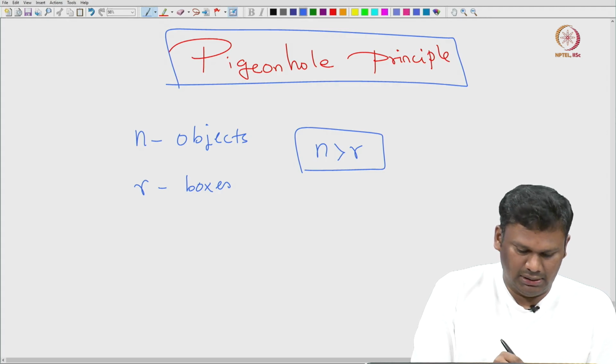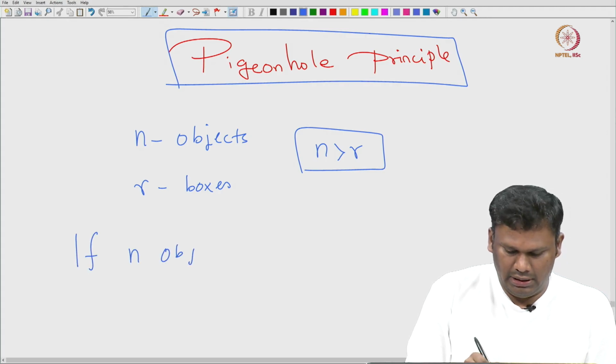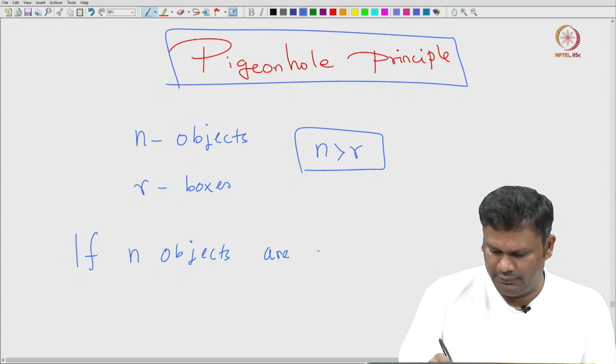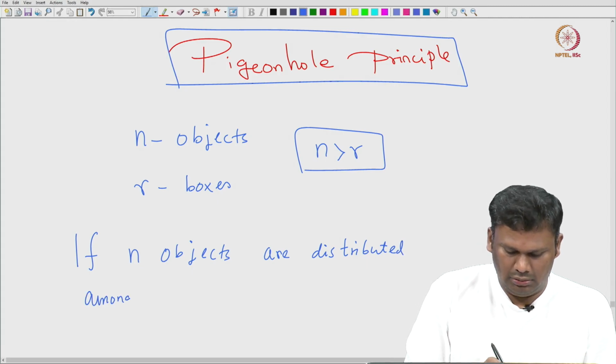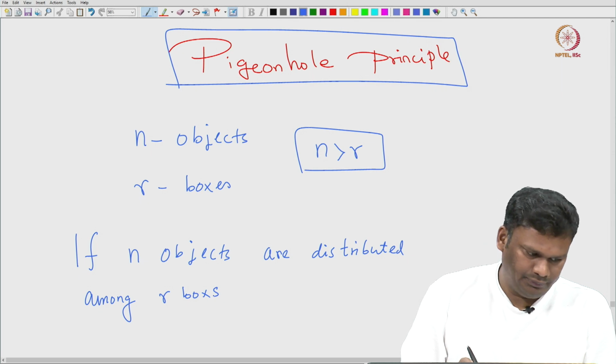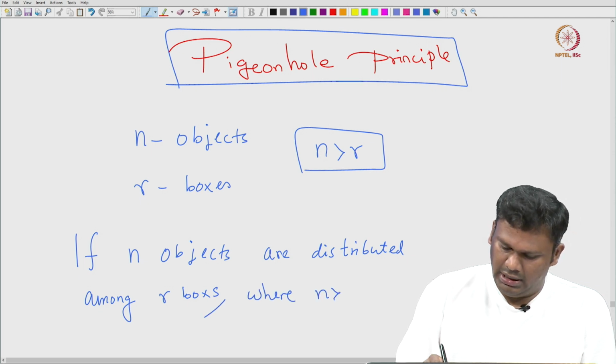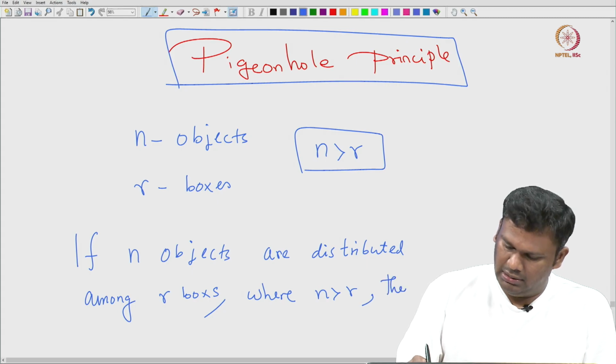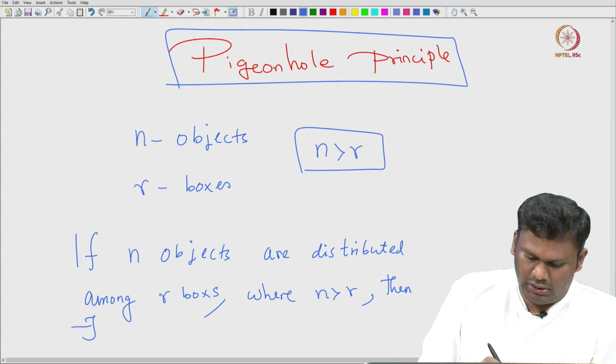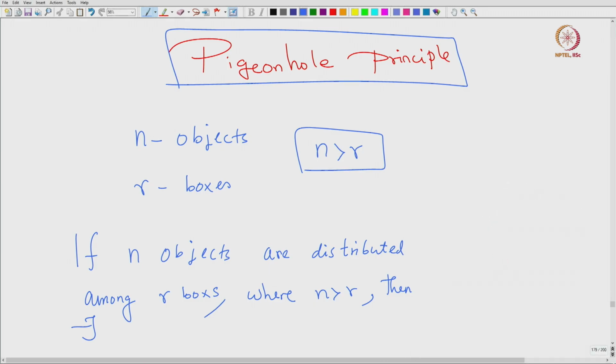So, the principle says if n objects are distributed among r boxes and n is greater than r, then there exists, and this is where the existential thing comes, at least one box with more than one object in it.